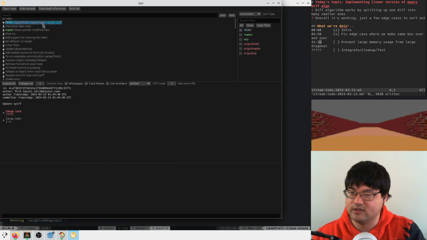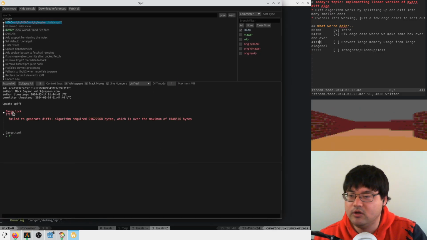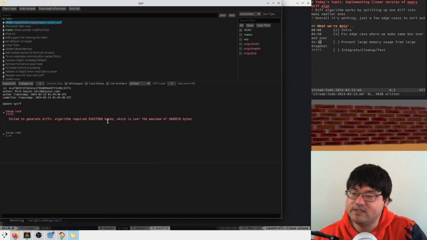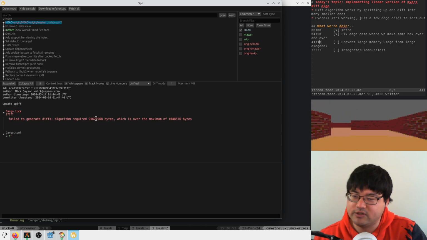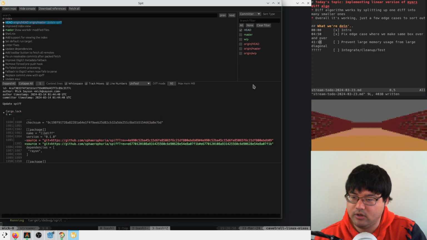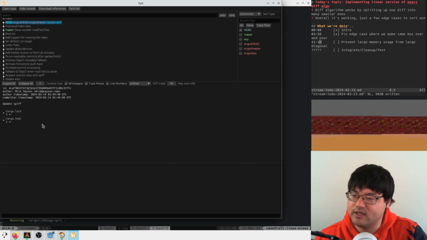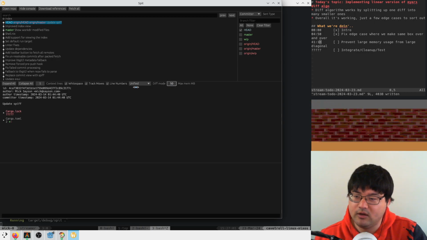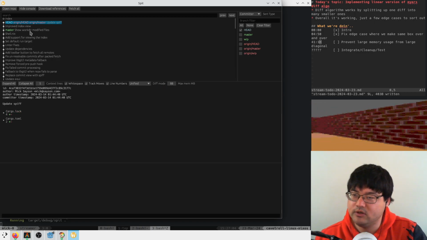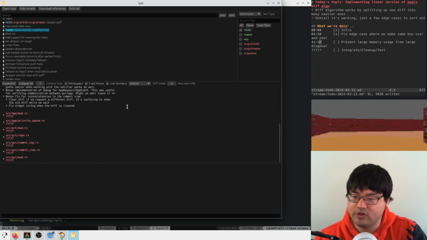Oh, it's because I clicked on the index maybe. Maybe that's a bug. So here, it's still saying that it needs a huge amount of RAM. 1, 2, 3. Interesting. So why does this one cause so many problems? Are they all like that?